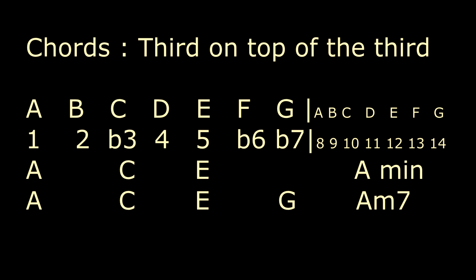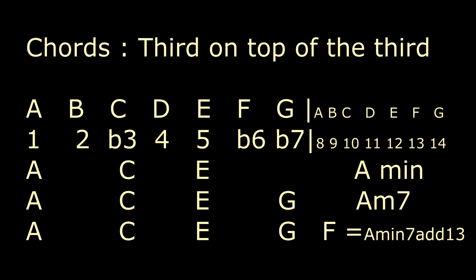Let's do something really fancy, like a jazz chord, a 5 note chord. Start on A, third C, another third E, another third G, and another, I'm going to choose F, which is 13.